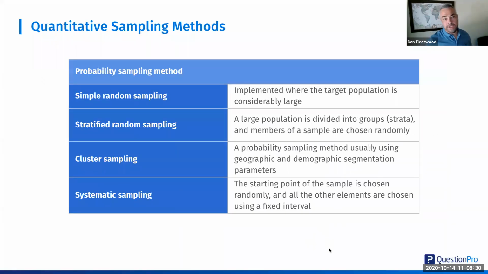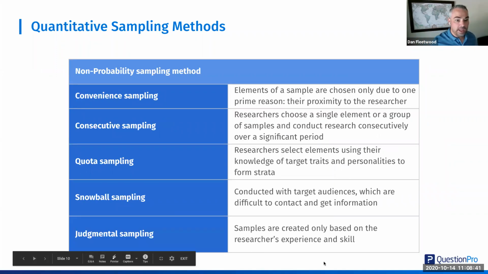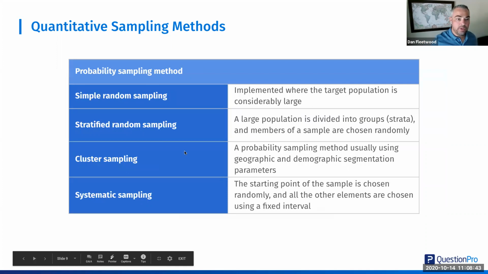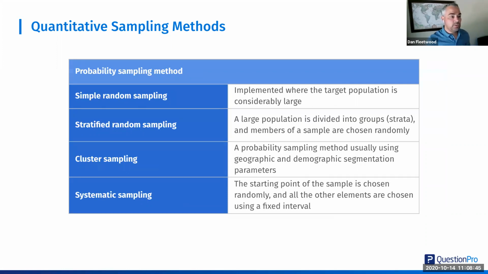When we talk about quantitative, I think we need to talk about sampling and how that goes. Really, there's probability sampling and also non-probability sampling. Really, the difference is that with probability sampling, you can use it for different testing methods.